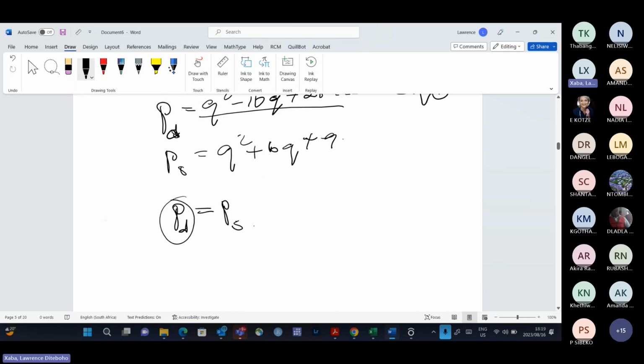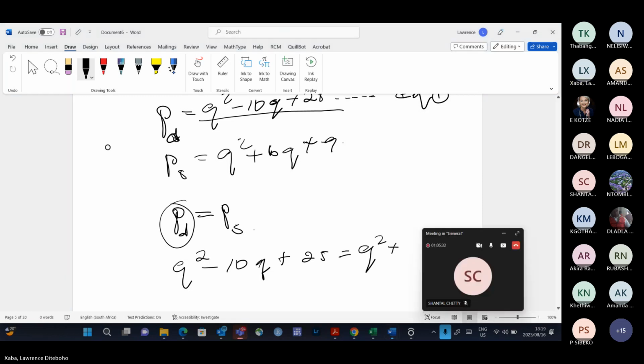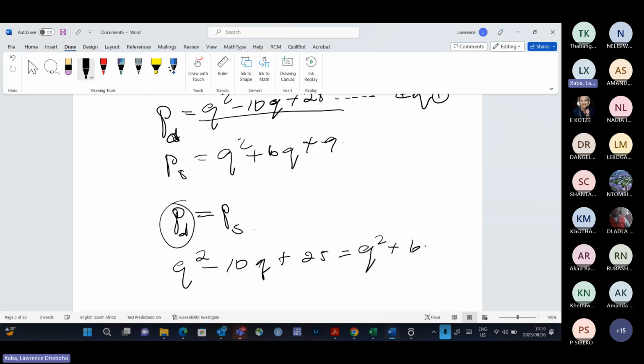So we say, okay, let's take our equation, Q squared minus 10Q plus 25 equals Q squared plus 6Q plus 9.